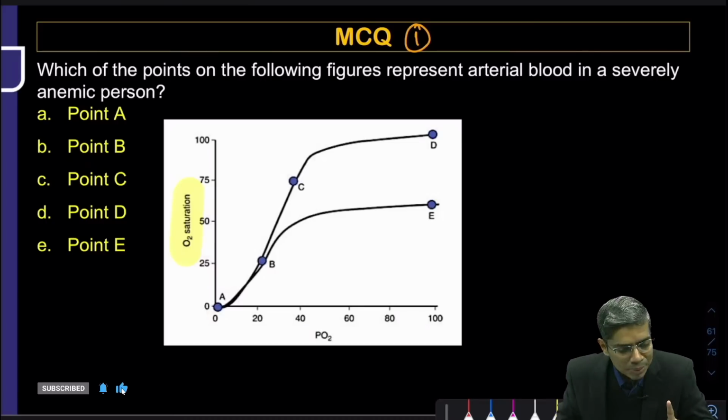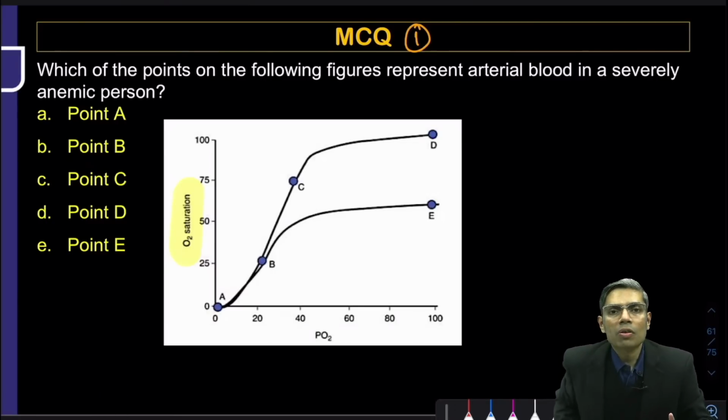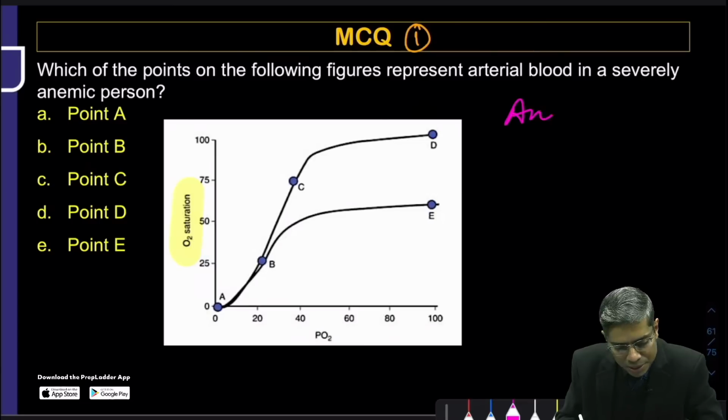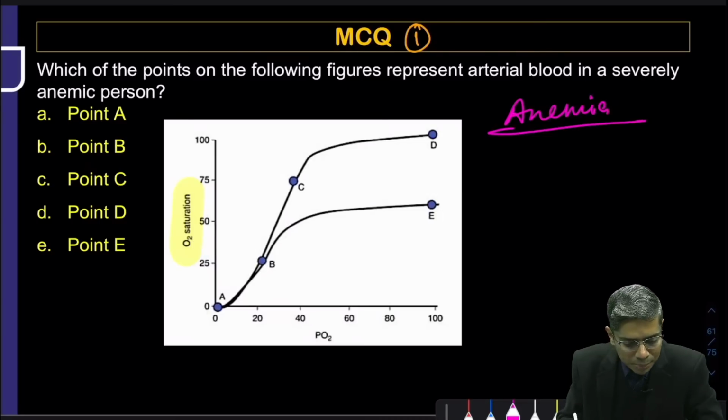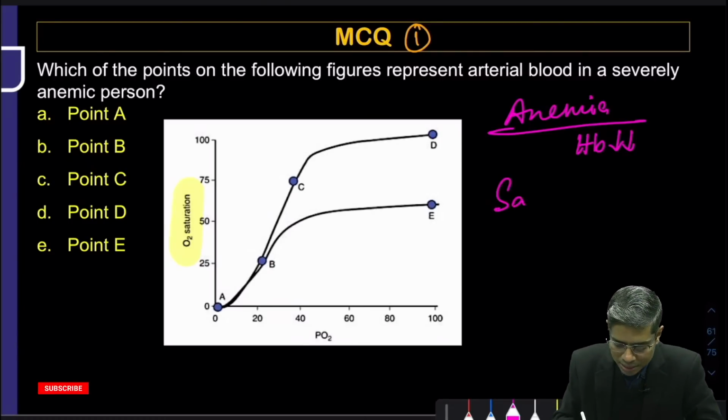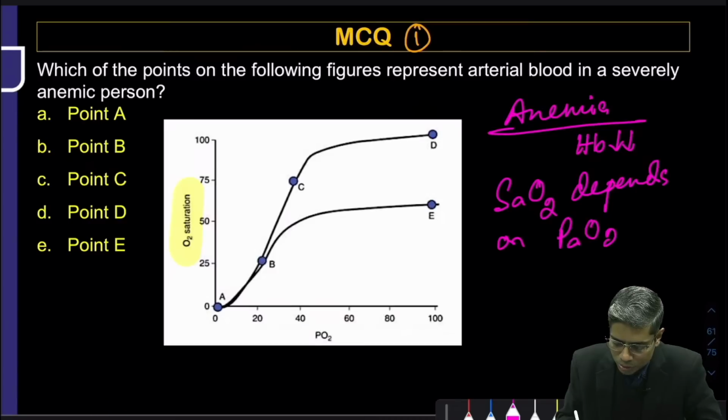In case of an anemic person, does oxygen saturation decrease or remain normal? That is what is asked in this question. So always remember, anemic person means hemoglobin is reduced, but that does not mean saturation will reduce. Saturation SaO2 depends on the partial pressure of oxygen in the blood.